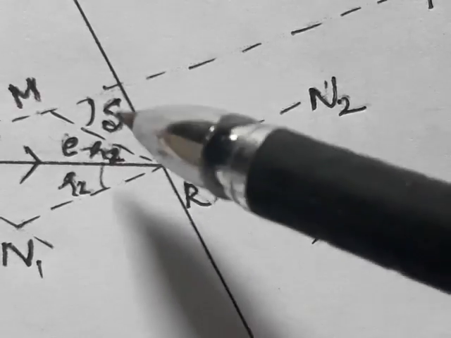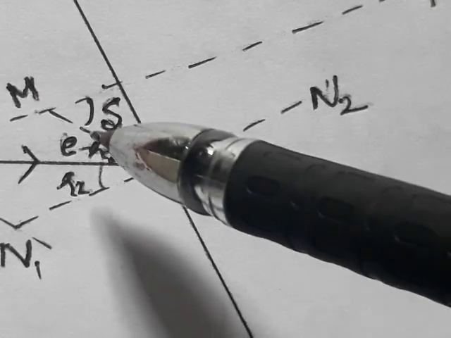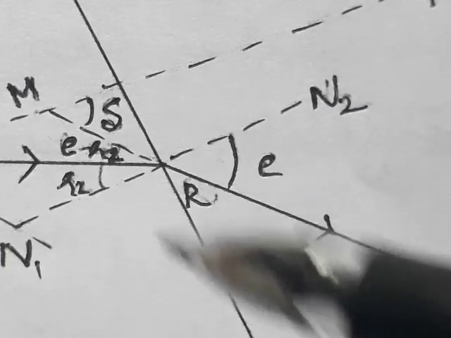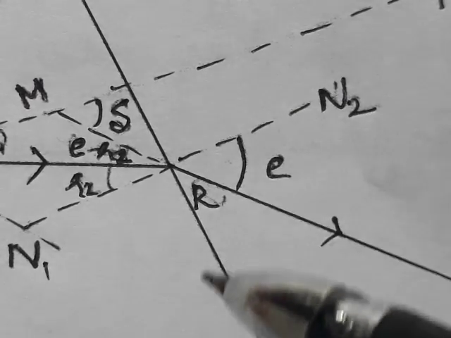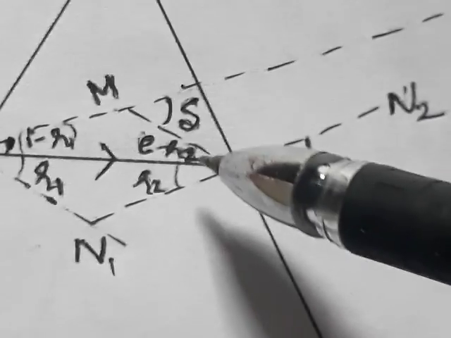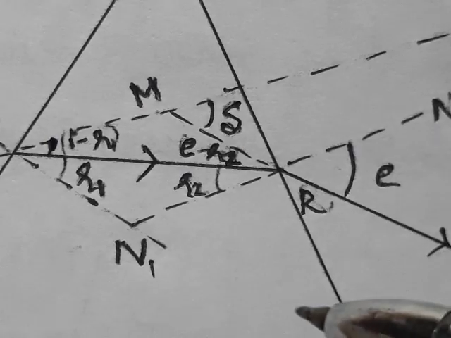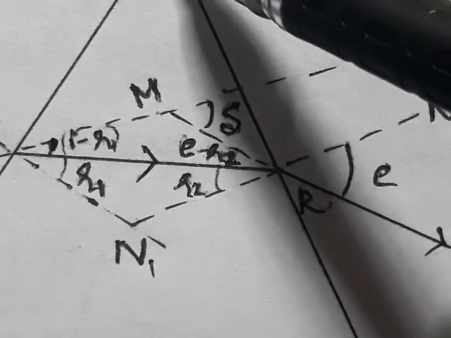This angle is called the angle of deviation, marked as delta. Our intention is to find the value of delta in terms of the refractive index of the prism and the angle of the prism.